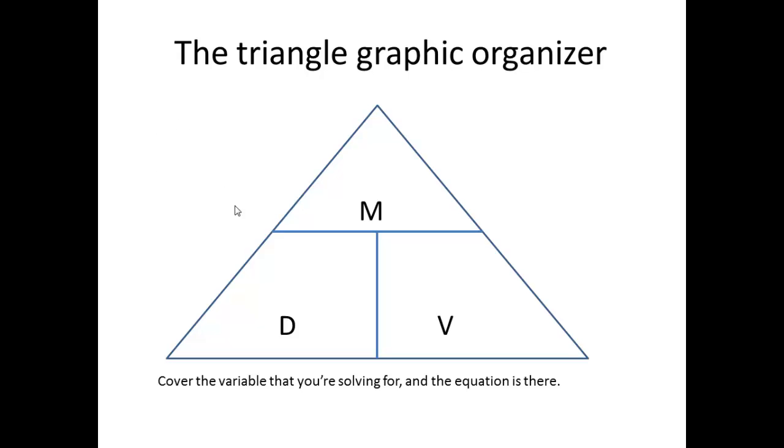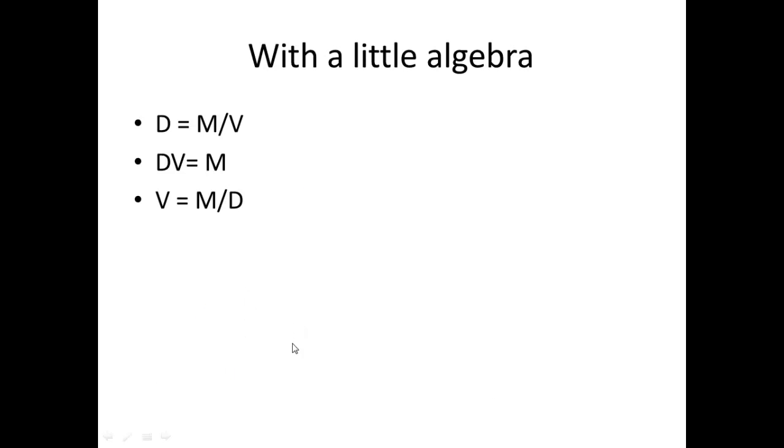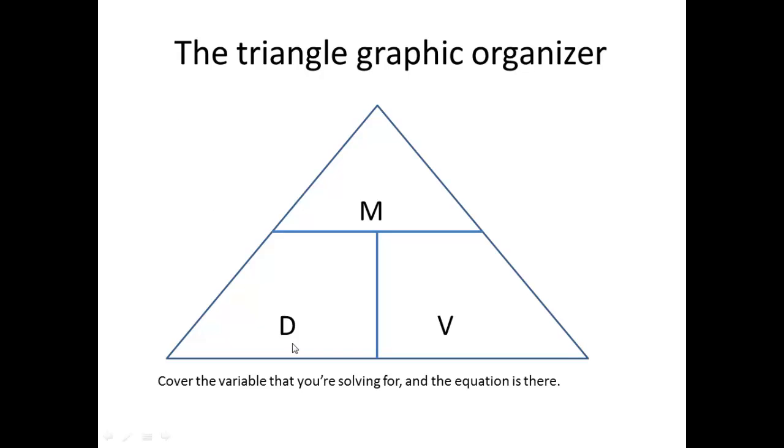I want you guys to copy this down in your notebooks right now, and then we'll explain how to use it. Let's take a look. If we cover the variable D, we see that density is equal to mass over volume, right? If we cover the variable V, we have volume is equal to mass over density.